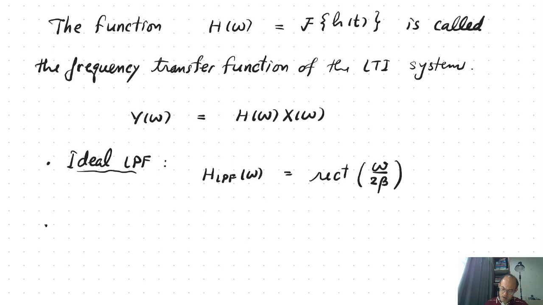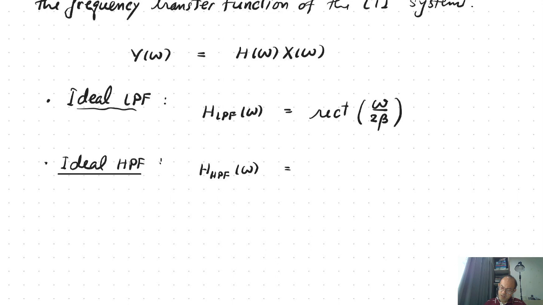Of course, there is the ideal high pass filter. High pass filter means it blocks low frequency components of the input from passing through, and it will let the high frequency components pass through. So the ideal high pass filter has the frequency transfer function of 1 minus rectangular omega over 2 beta here.